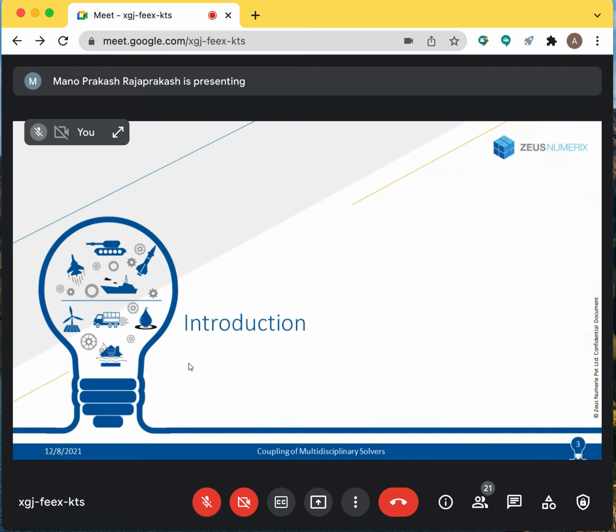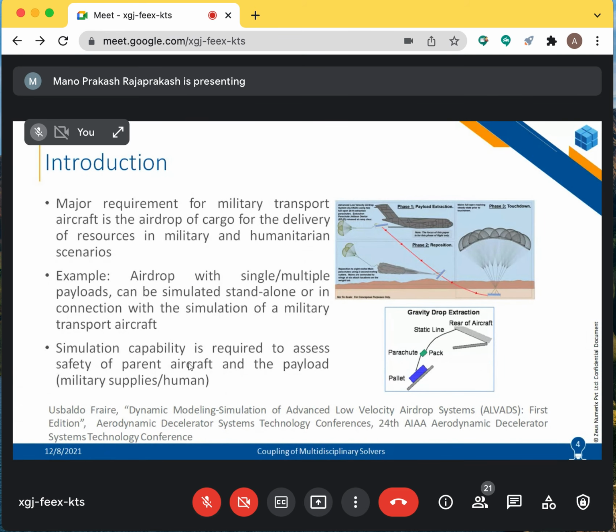Yeah. So a brief introduction on the problem statement. I'll begin probably with the image on the right. This image typically shows different phases of a parachute payload system dynamics. That is, this payload was sitting inside this aircraft.